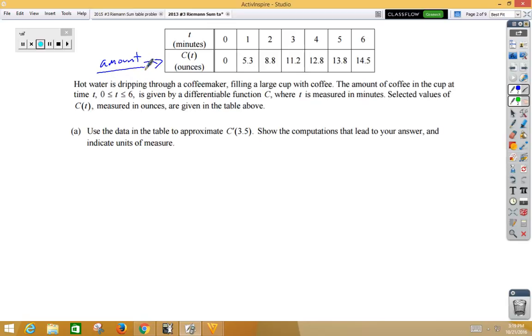In part A, use the data in the table to approximate the derivative at 3.5. Well, 3.5 is between 3 and 4. A derivative is a slope, so we're going to go 12.8 minus 11.2 over 4 minus 3. If we do that, we get 1.6.